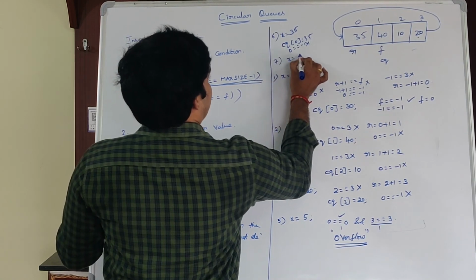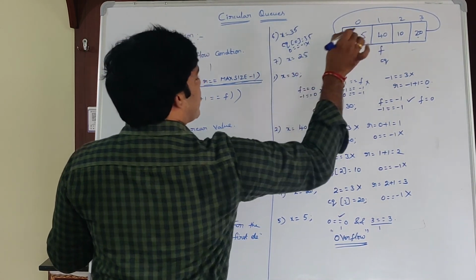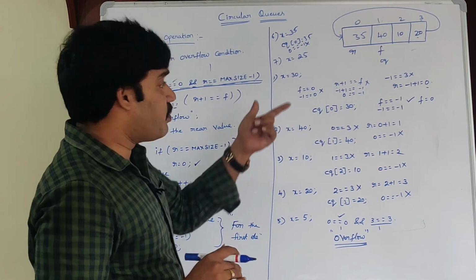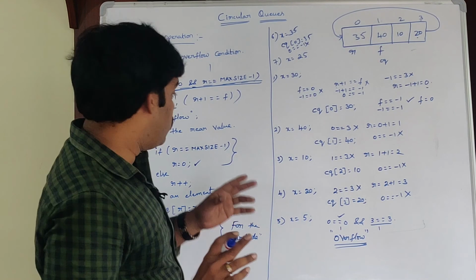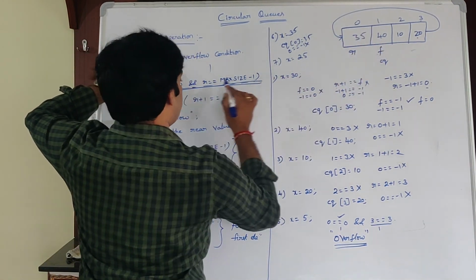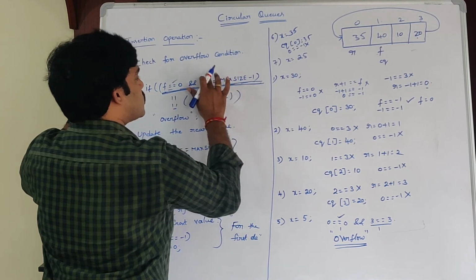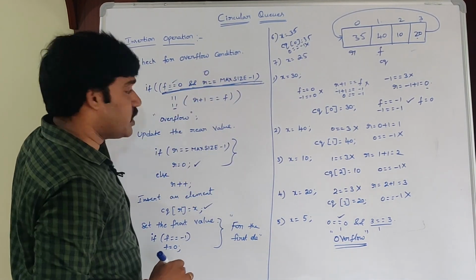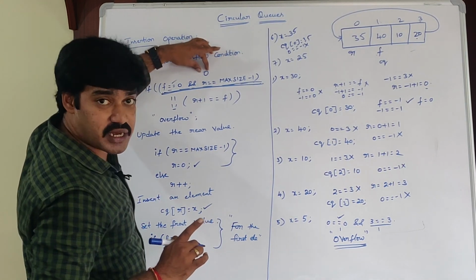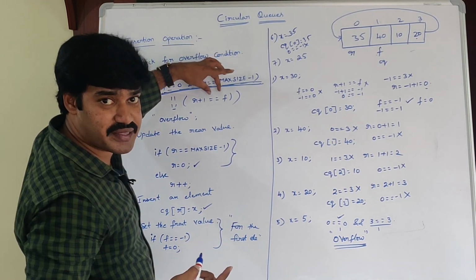Next, last one. If I want to insert an element 25 into the circular queue data structure, is it possible to insert? Not possible. Why? Because circular queue is full. Condition is f is 0? No, f is 1. This condition is false. That's why 0. 0 logical OR. Coming to the logical OR, if the first expression or first value is 0, then only it goes for the second one.